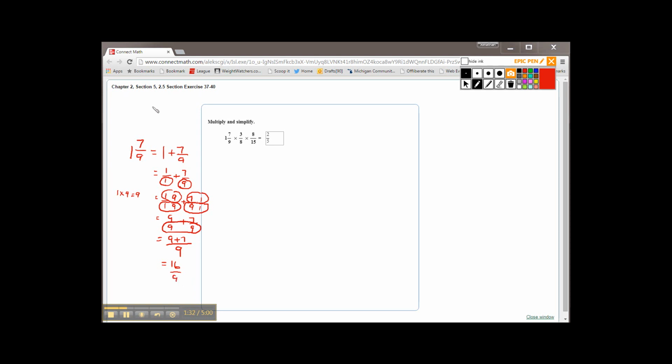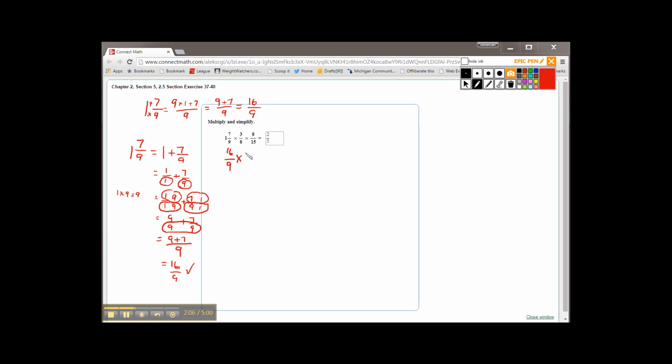Now, by the way, if you remember the shortcut, a lot of people remember it as 9 times 1 plus 7, so 9 times 1 plus 7 over 9. 9 times 1 is 9 plus 7 over 9. 9 plus 7 is 16 over 9. That's a shortcut that does the same thing as this. So 1 and 7 ninths is 16 over 9.